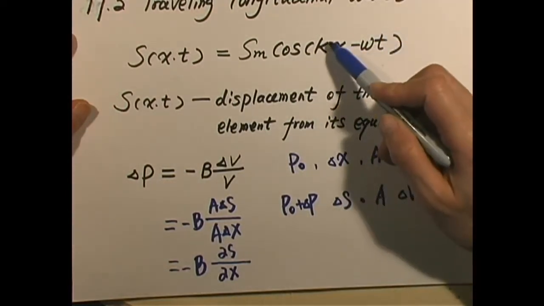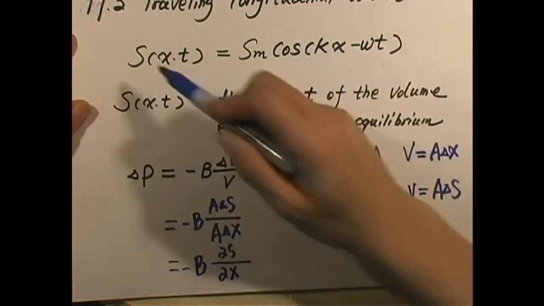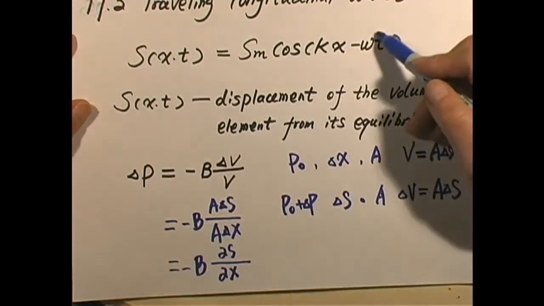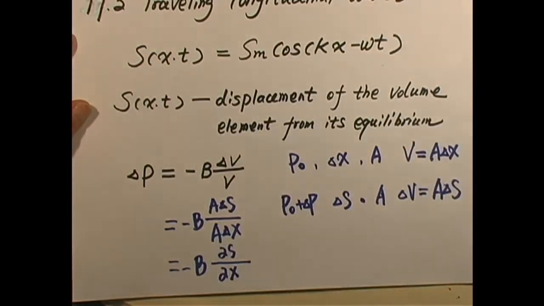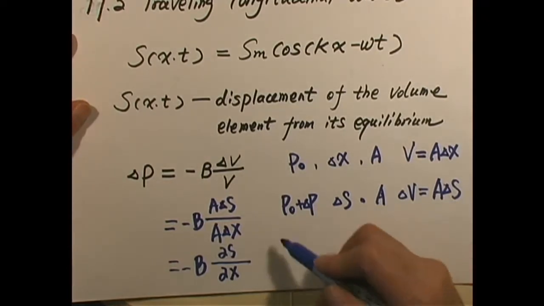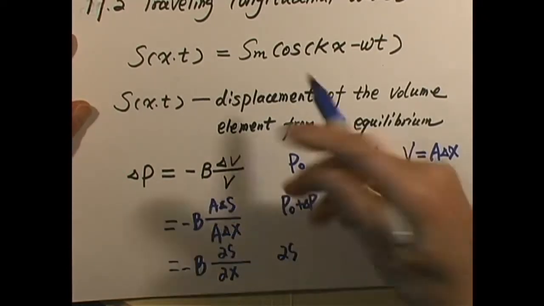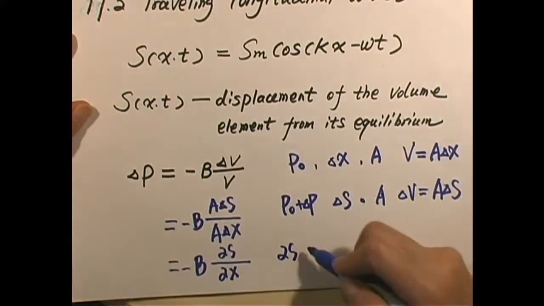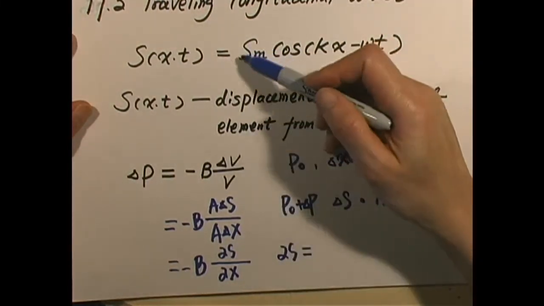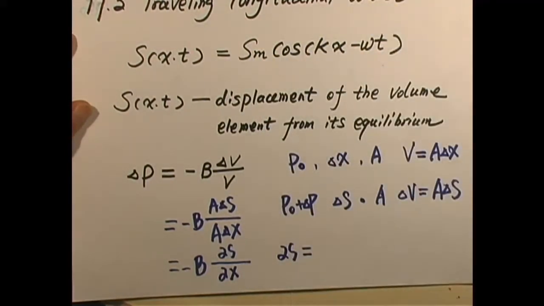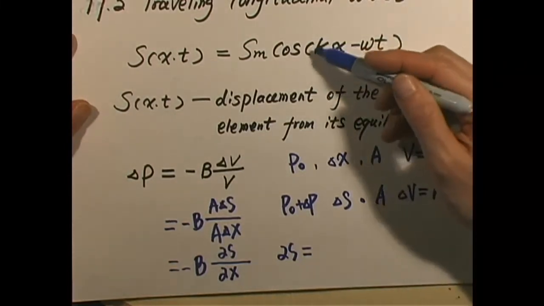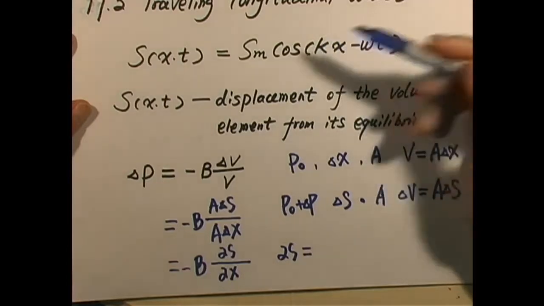Because x change causes S change, we view t as a constant. Therefore, let's give it a try. Partial S, which means change of this, equals, this is obviously a constant, S_m, cosine, and when you differentiate it, it becomes negative sine. And then when you differentiate against x, this k comes out.